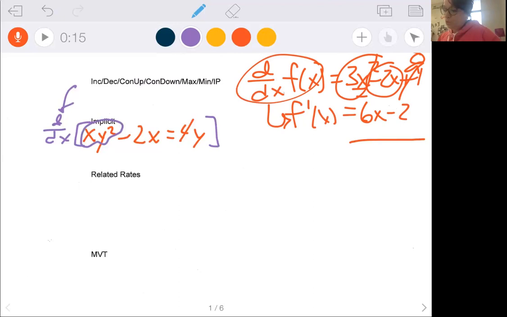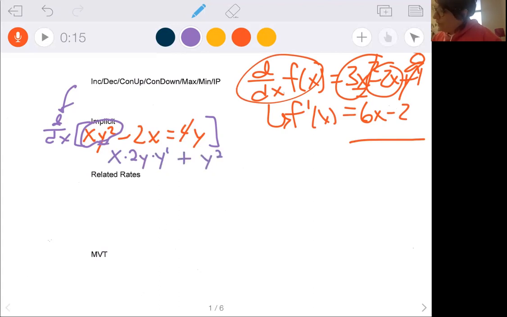I do the product rule. So I'm going to do first, which is x, d second. Now, using my chain rule, that would be 2y times the derivative of the guts, dy dx. So y prime. That's first d second plus second d first.